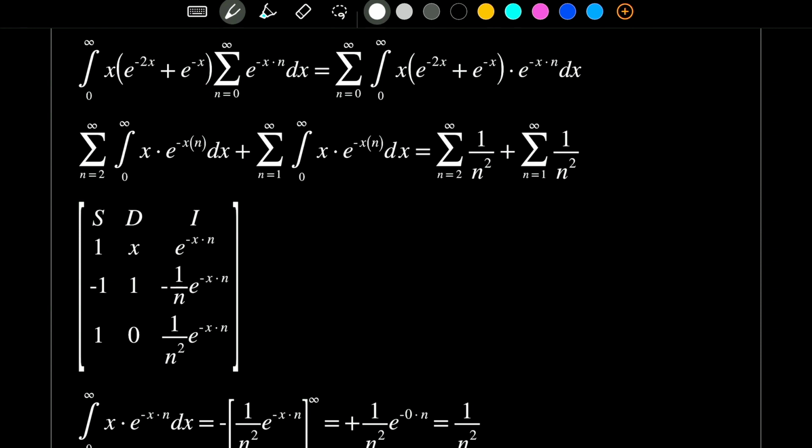Now the only thing we need to do here is consider that the first sum goes from n equals 2 and the second one from n equals 1. Now what we can do here is actually just add in the first term in this first sum. So how are we going to do that? Let's just erase a bunch of this stuff.